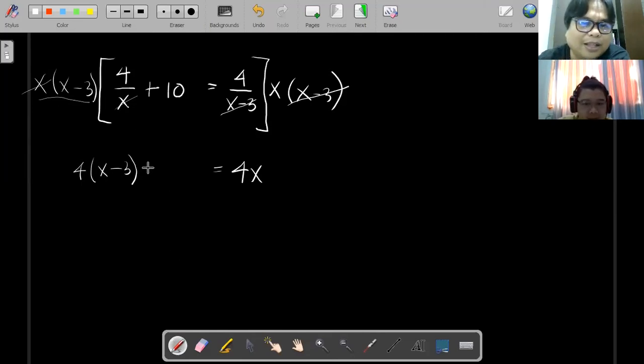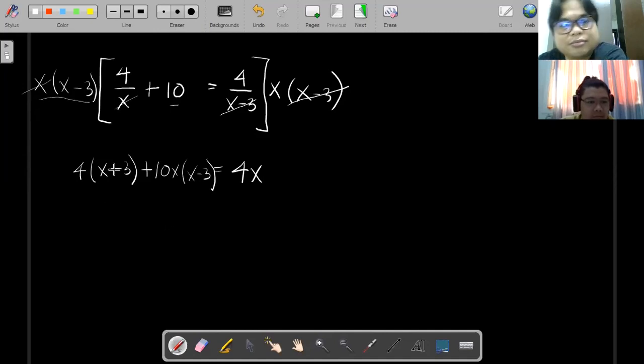And then after that is plus this one again multiplied to this term 10. This entire thing multiplied to 10. So what happens is 10x times x minus 3. Do you follow?